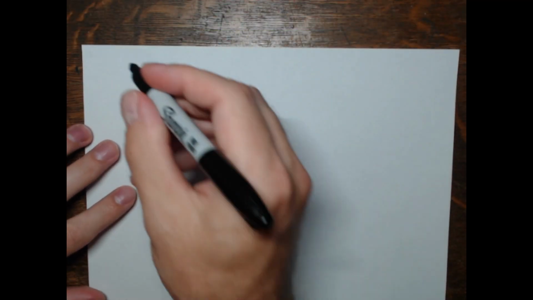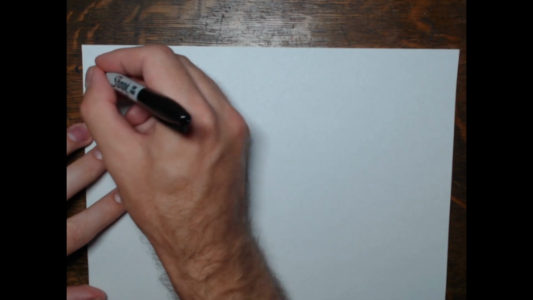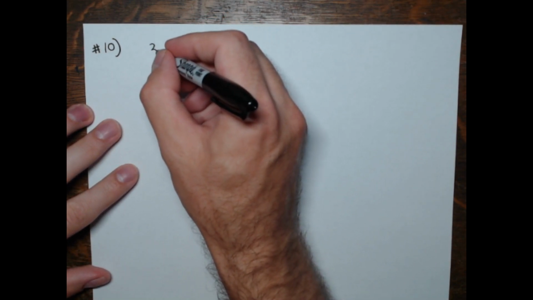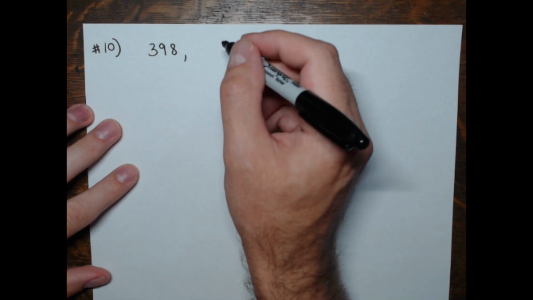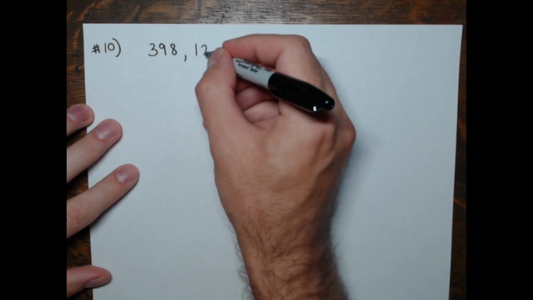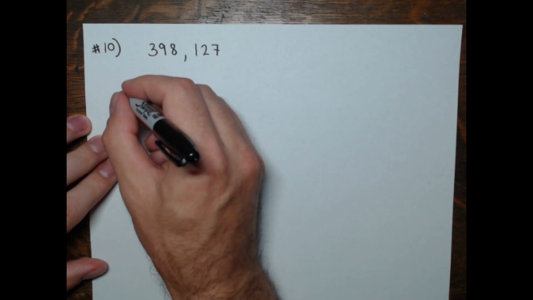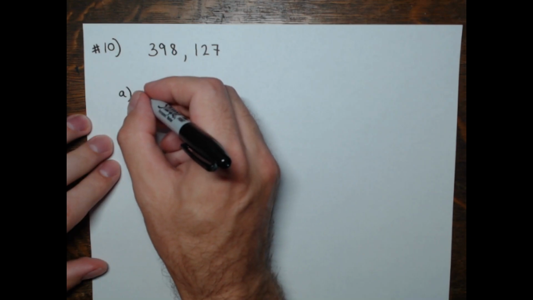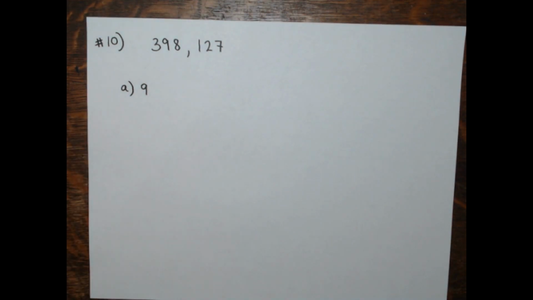So number 10, we're given the following number. That's 398,127. Okay, so part A, they're saying what is the place value of the digit 9?